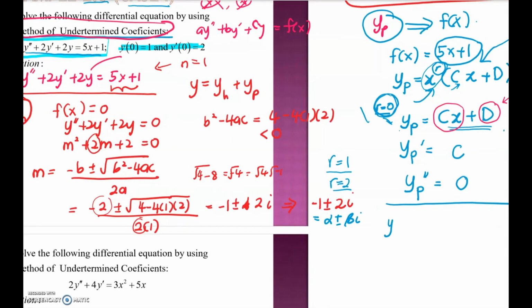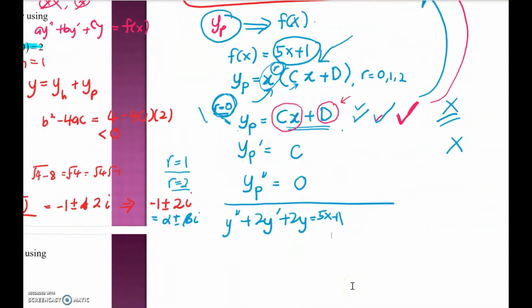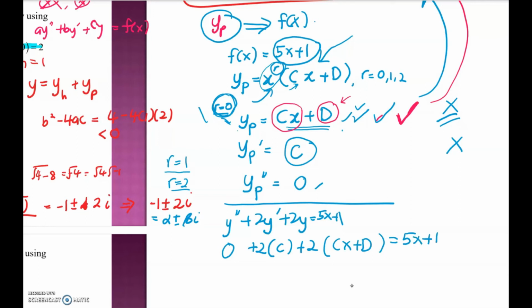So now the question is y double prime plus 2y prime plus 2y equals 5x plus 1. We just substitute y double prime is 0 here, plus 2y prime. What is y prime? It is c. So c plus 2y, and 2y is 2 times cx plus d, equals 5x plus 1.